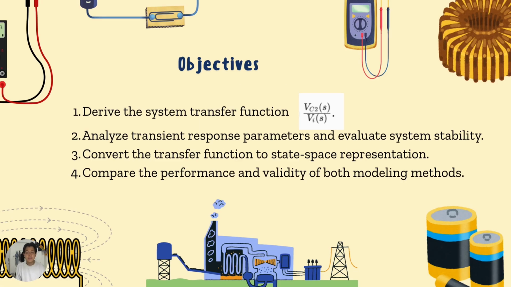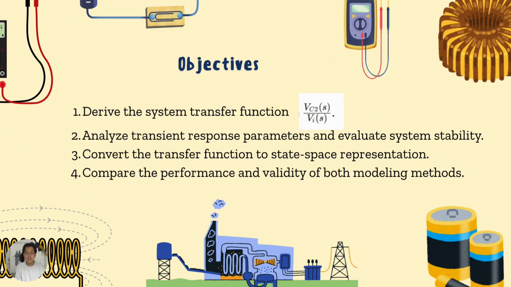The objectives of this project are as follows. First, to derive the transfer function of the electrical network, which is the ratio between output voltage and input voltage. Second, to analyze the transient response parameters such as rise time, settling time, and overshoot.